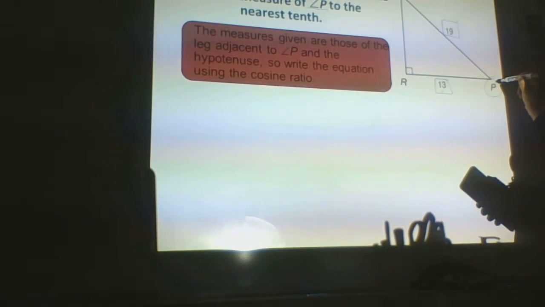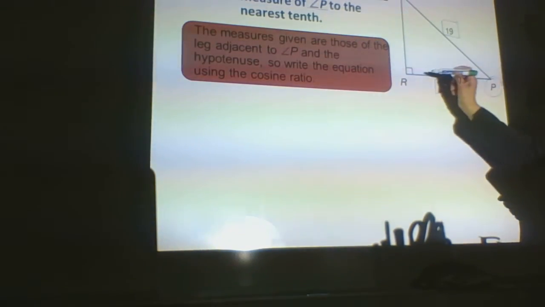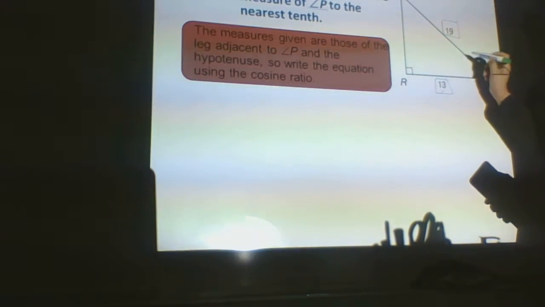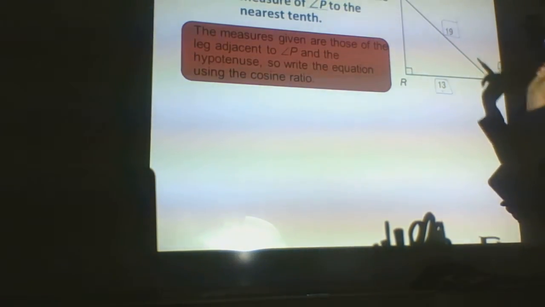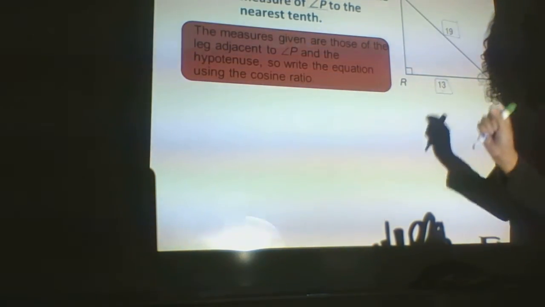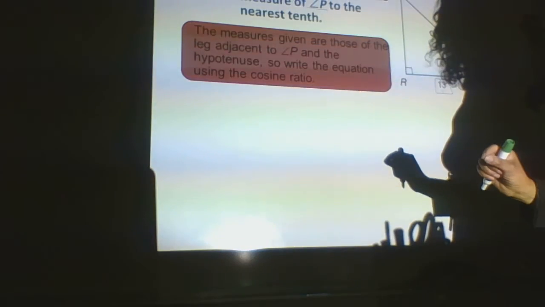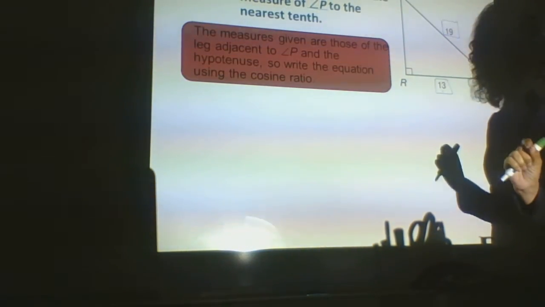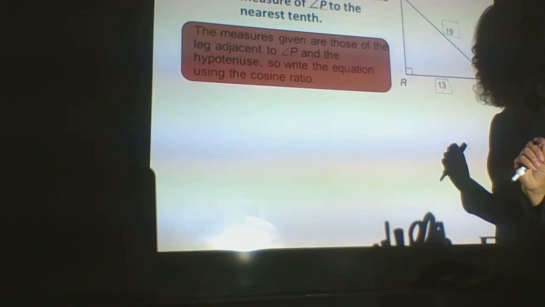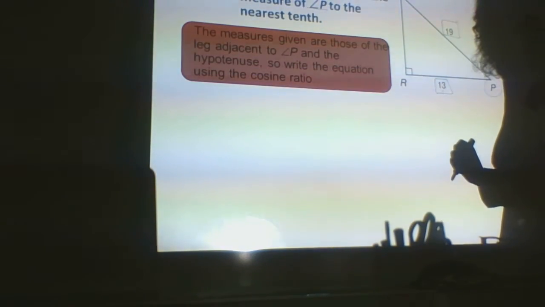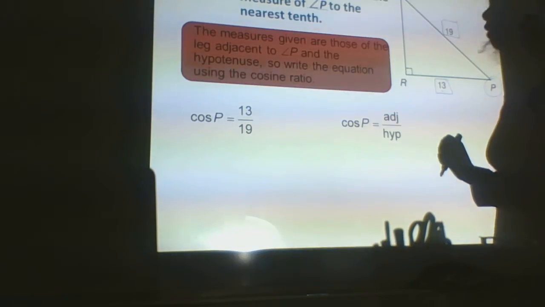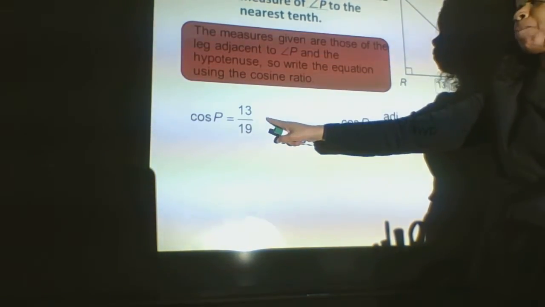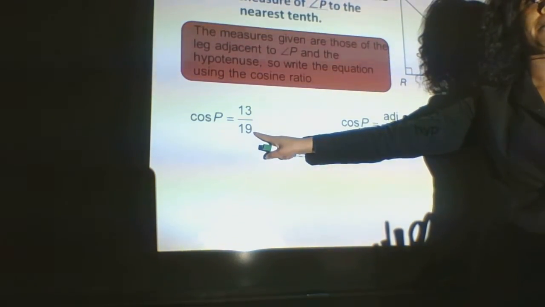So we have P, the adjacent side and the hypotenuse. Do you agree with me on that? So what trigonometric function am I going to use? Cosine, right? So here it is: cosine of P is 13 over 19.